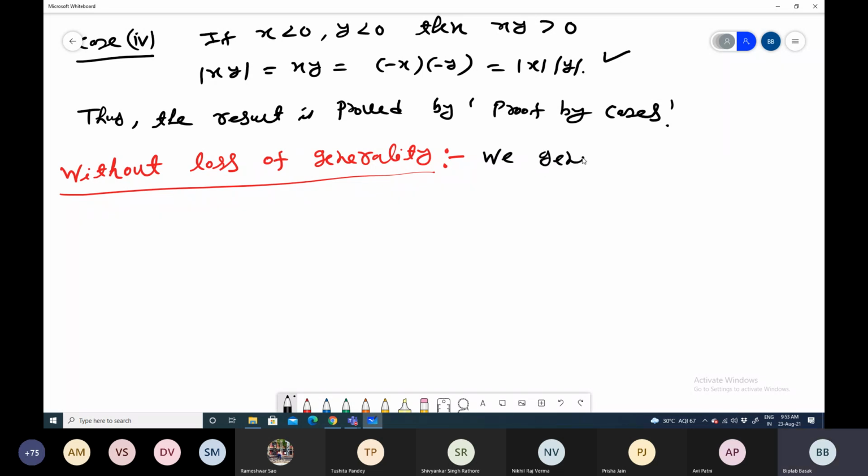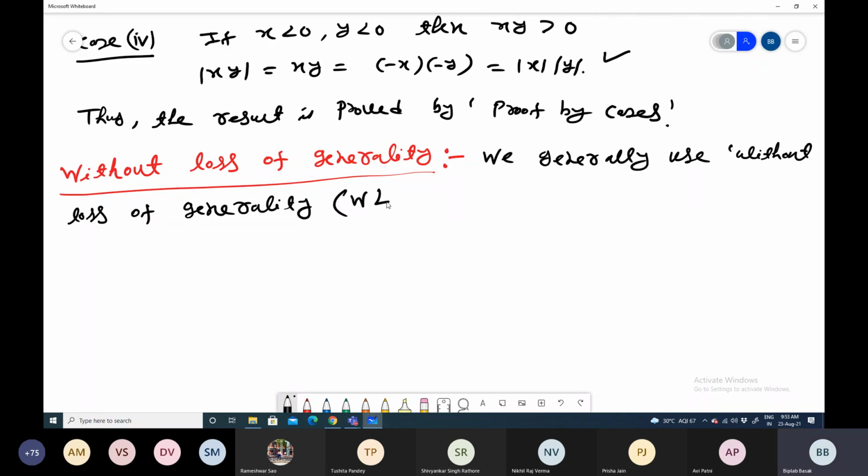So we generally use without loss of generality, or in short, we just write without loss of generality.